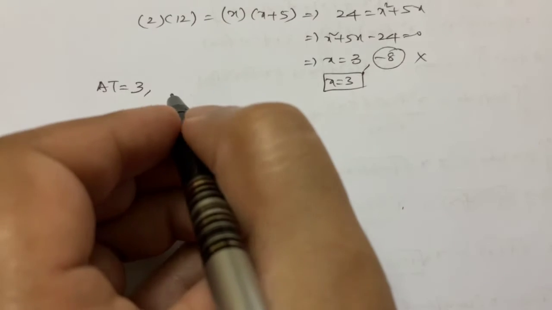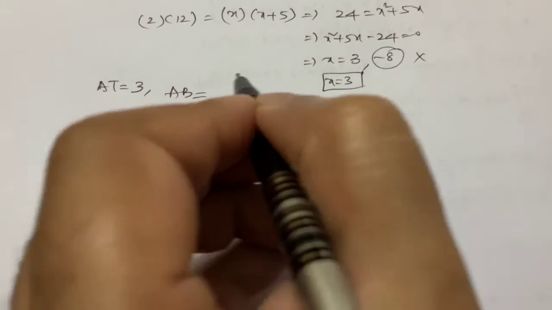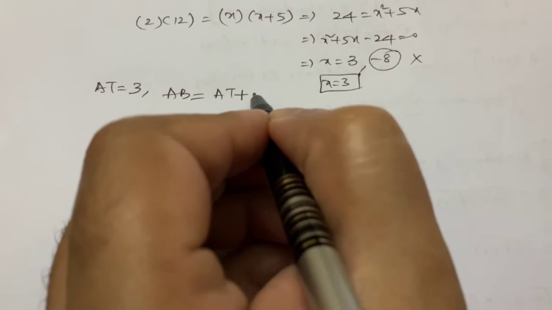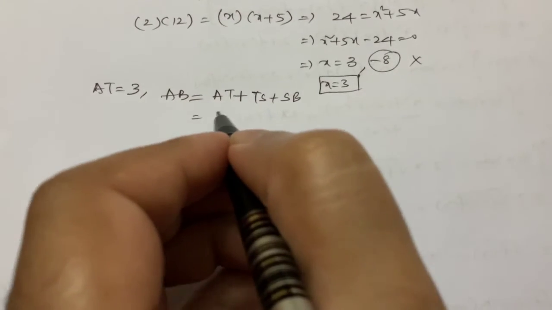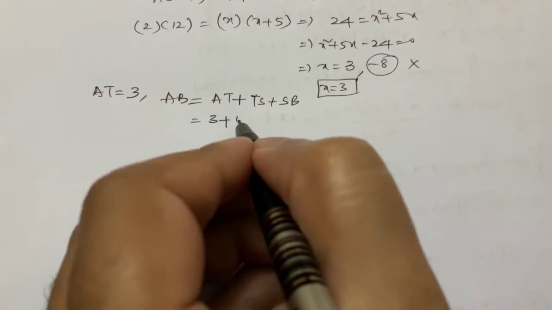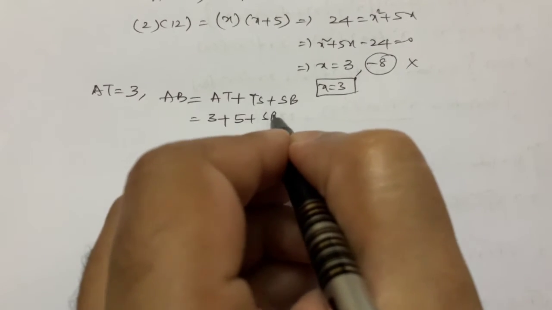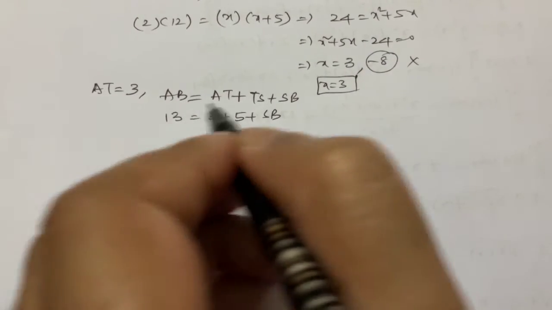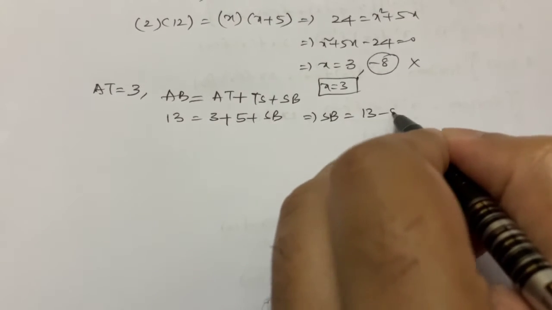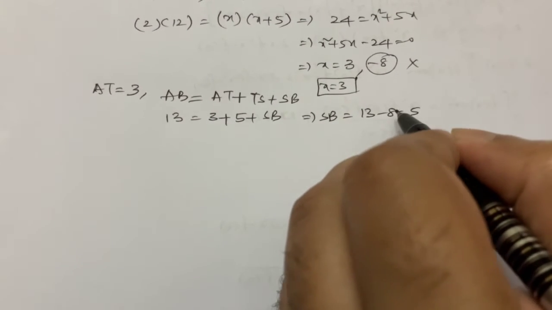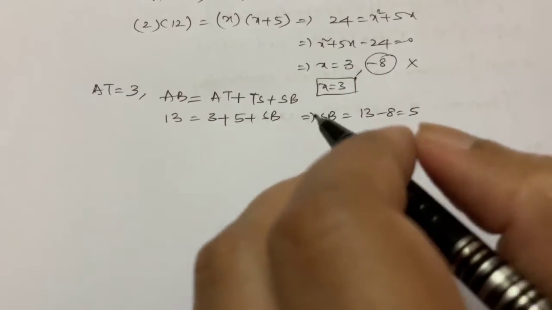Now AB is nothing but AT plus TS plus SB. AT is 3, TS is 5, and AB is 13. So SB is equal to 13 minus 8, which is 5. So I got SB equal to 5.